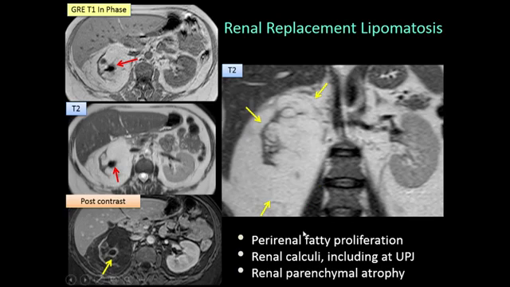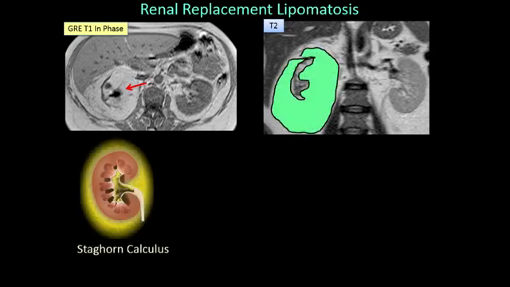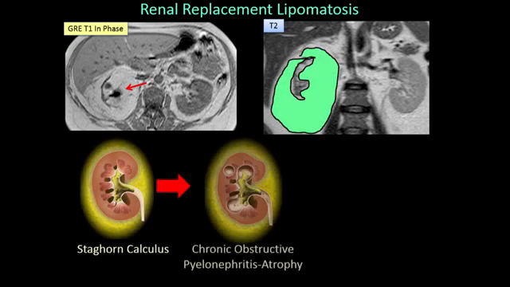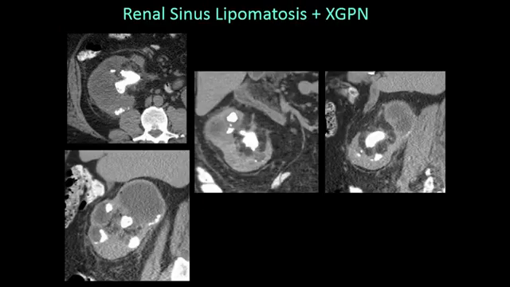This kidney needs to be removed, especially if there's a stone sitting in there, because it can cause superimposed infection. So remember, the staghorn calculus can lead to chronic obstructive pyelonephritis and atrophy, and can eventually lead to renal replacement lipomatosis. So we may see somebody that looks like this.